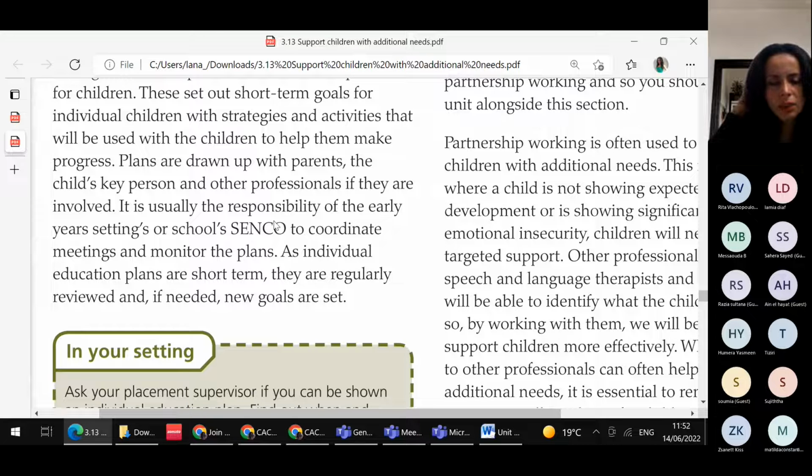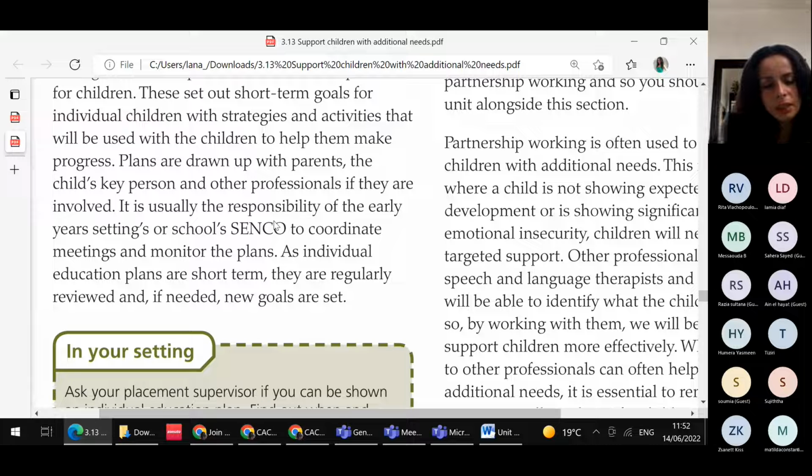And also they can communicate with other professionals if needed. So for example, as we said, the doctor, the nurse, or speech therapist, or occupational therapist.